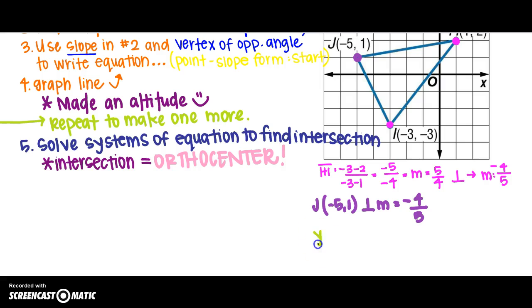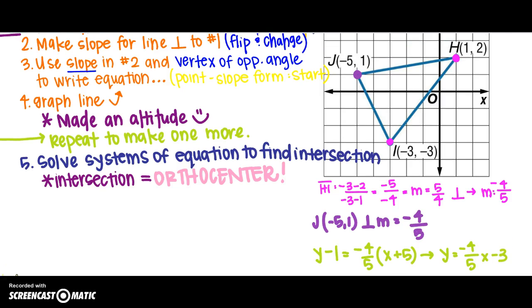So we can say y minus y1 equals my m times x minus x1. When you solve that equation, you're going to get y equals negative 4/5 x minus 3.